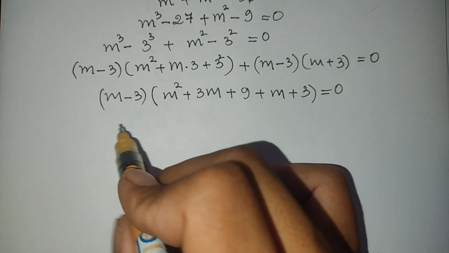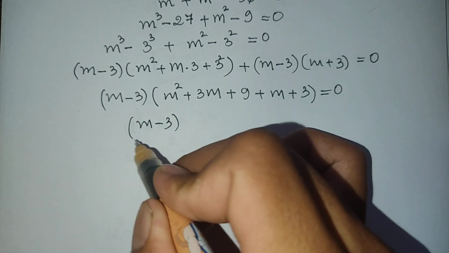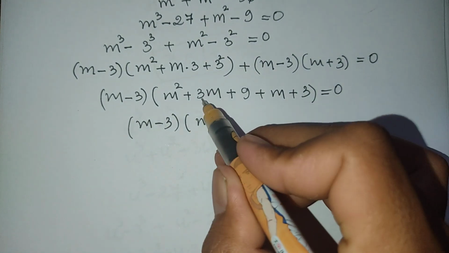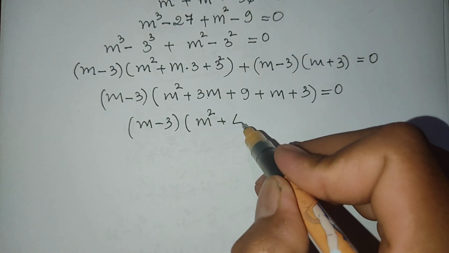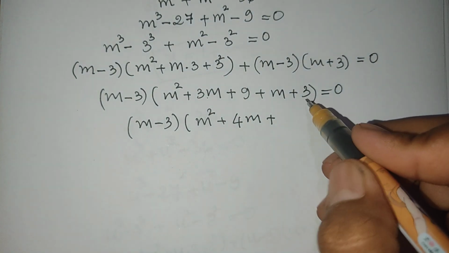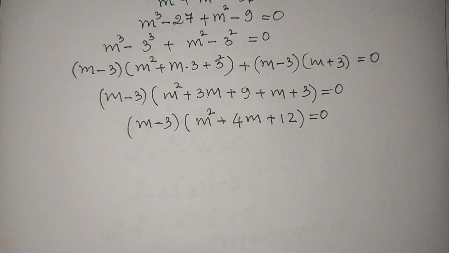So our equation can be written m minus 3 times m squared plus 3m plus m, we get 4m, and plus 9 plus 3 equal 12, equals 0.